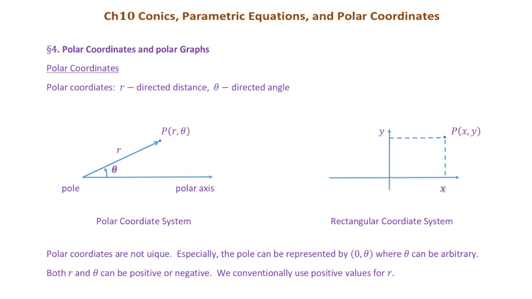As long as r equals 0, it's the same point, the pole. So the pole has some ambiguity: the polar angle theta is arbitrary.